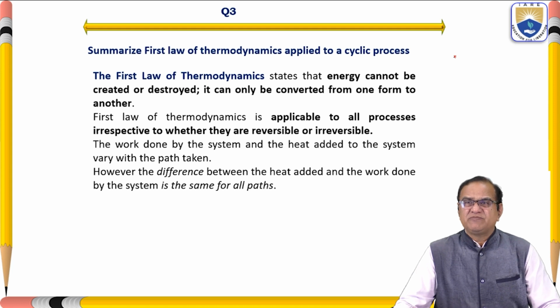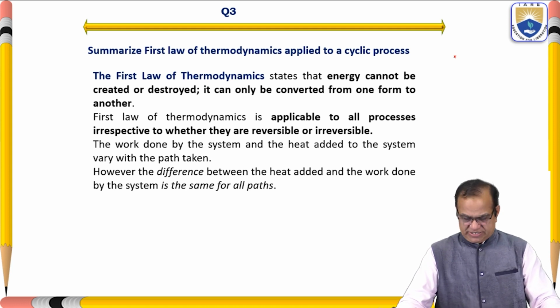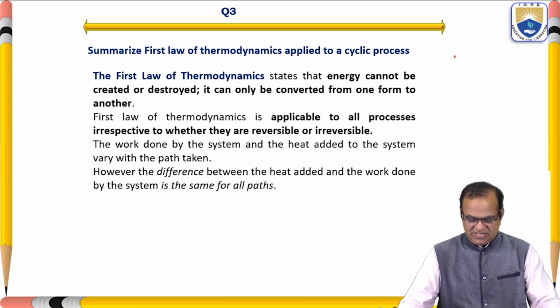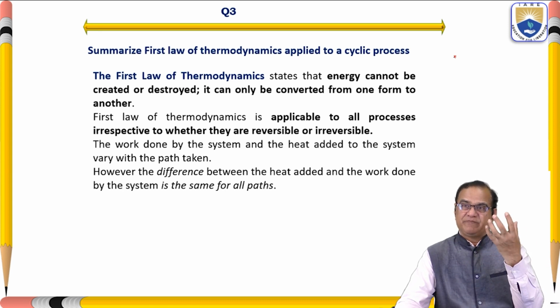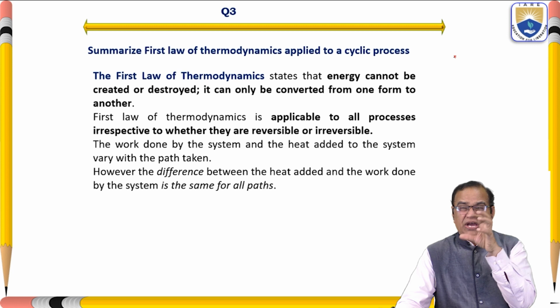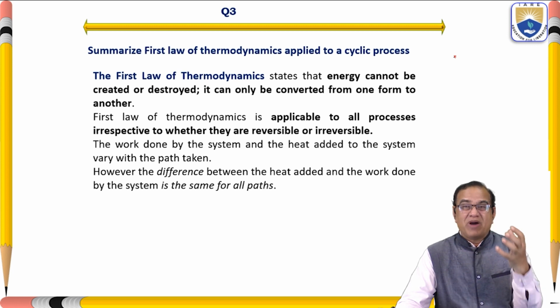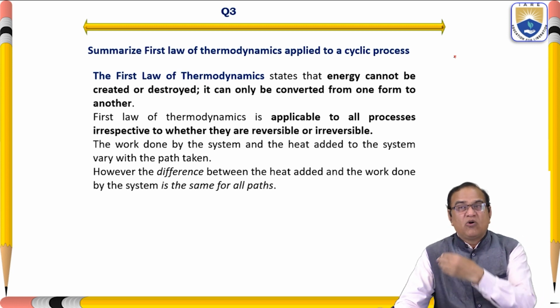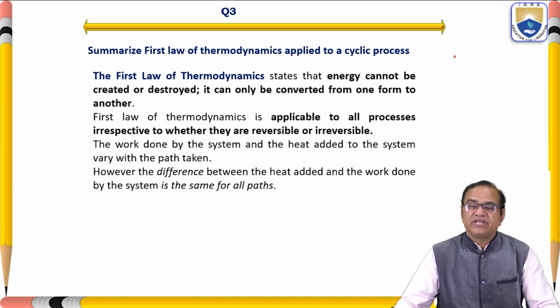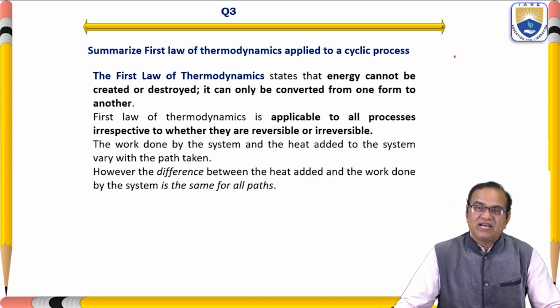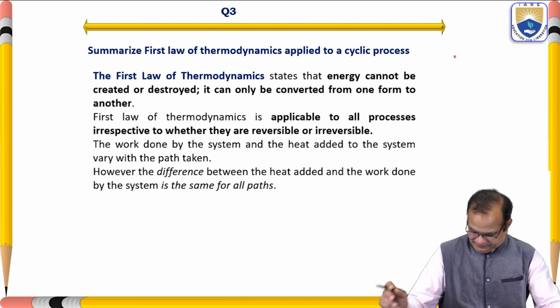However, the difference between the heat added and the work done by the system is the same for all paths. The difference between Q and W, or del Q minus del W, is a constant whatever the path, and in this way we have got one new property. That property is called the internal energy U.